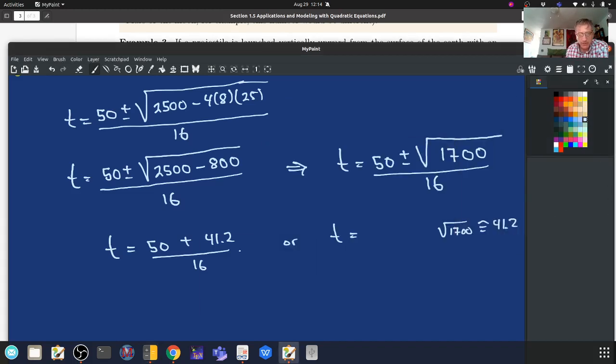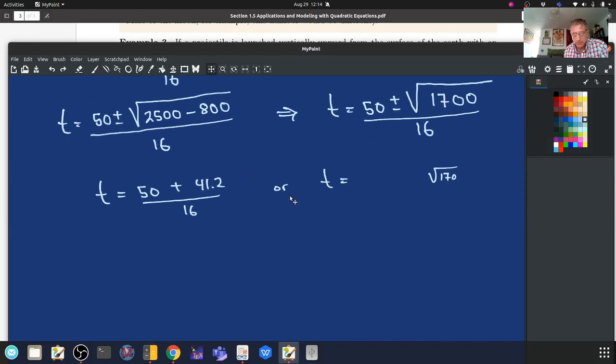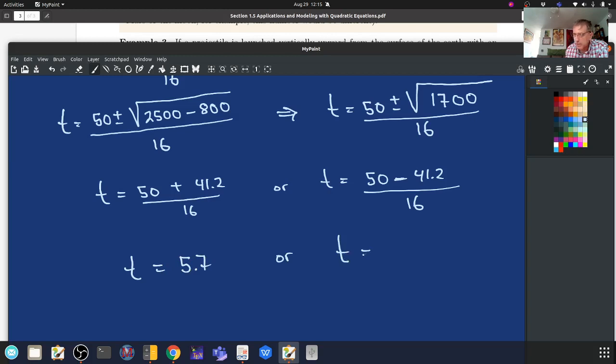Or t is equal to 50 minus 41.2, all of that over 16. So again, use your calculator, and you're going to get t is equal to 5.7, or t is equal to 0.55. So you're getting two answers.